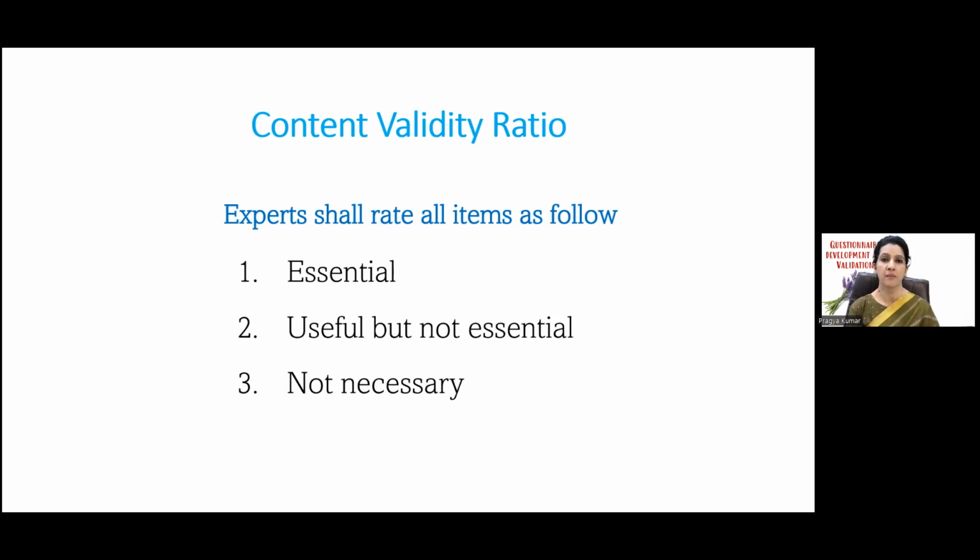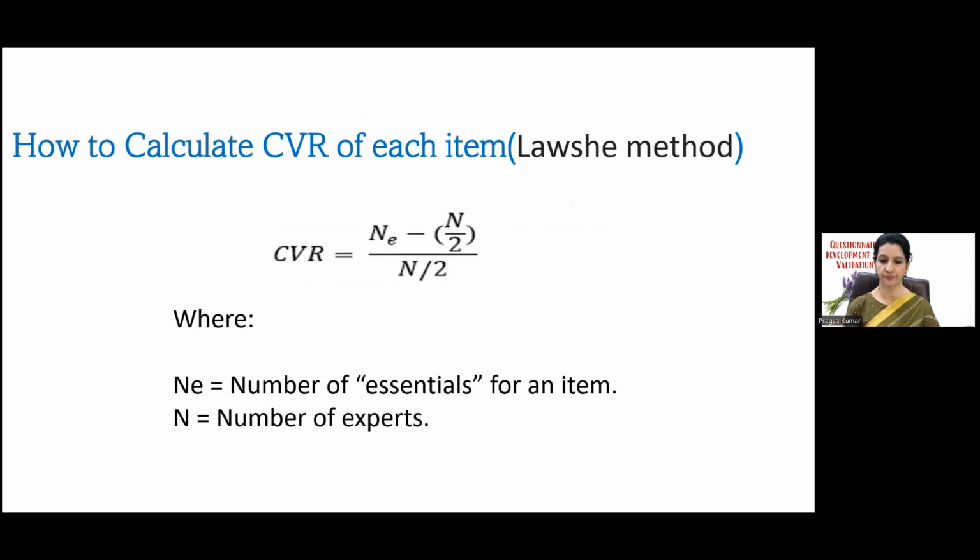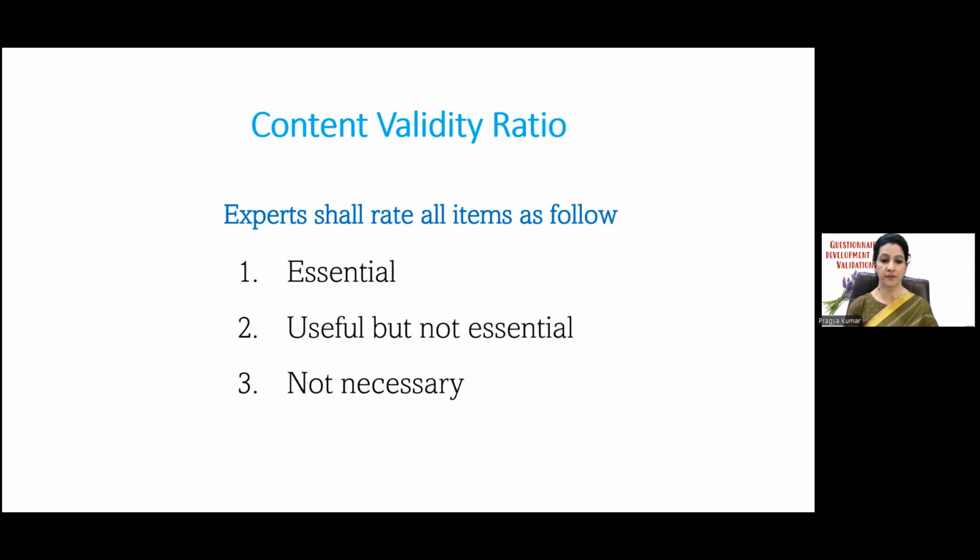Number 1 is given to essential, number 2 is useful but not essential, and 3 is not necessary. The formula for calculating this content validity ratio is (Ne minus N/2) divided by N/2, where Ne is the number of experts rating the item essential, which is 1, because we have counted essential as 1.